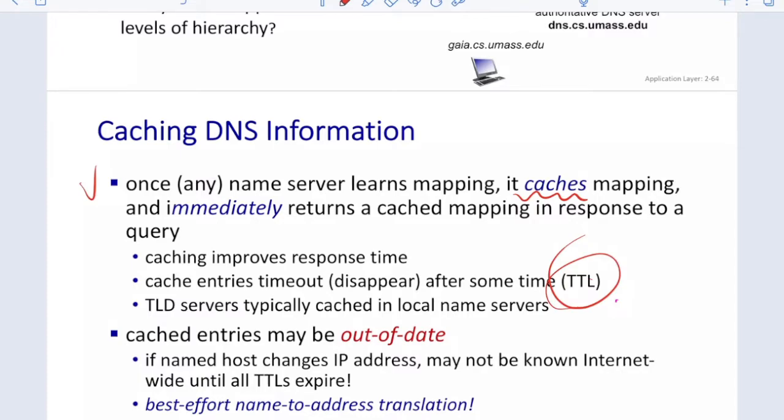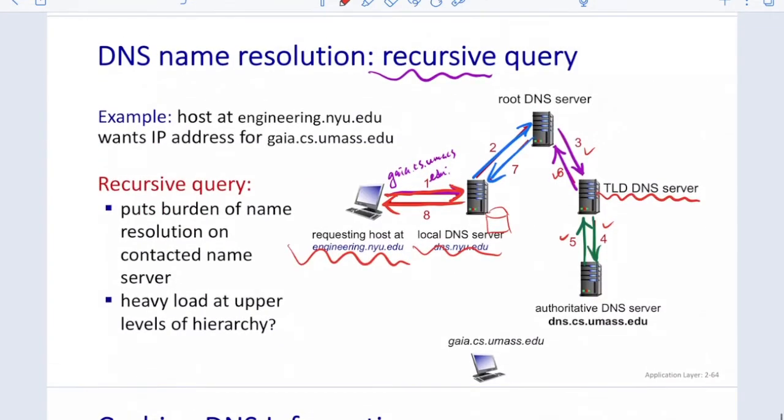It is the time after which the cache entry times out and disappears. Usually it is in seconds. So if you figure out the IP address of gaia.cs.umass.edu, your local cache at the host, your DNS proxy, they will maybe remember those mappings for, for example, 10 minutes.